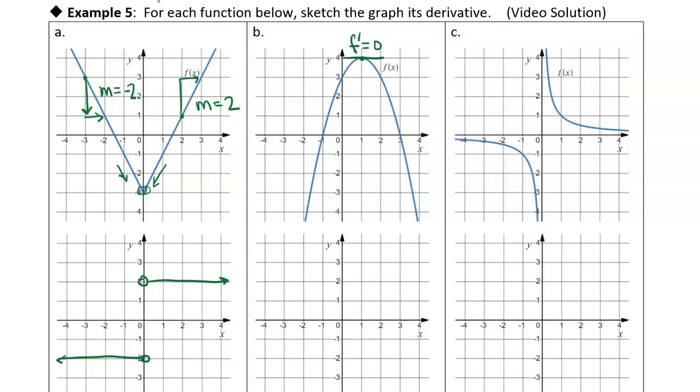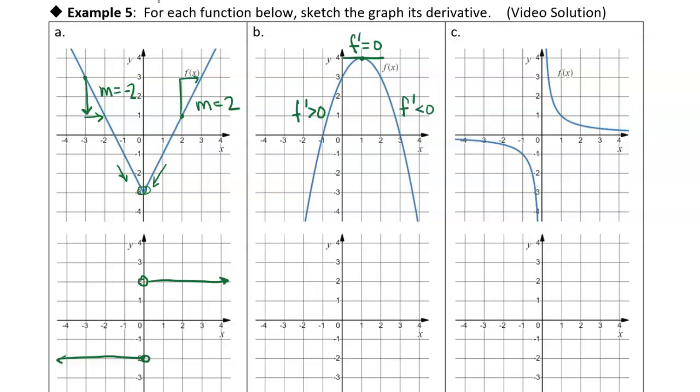On the left side of that point, the function is increasing, so the derivative is greater than 0. On the right-hand side, the function is decreasing, so the derivative is less than 0, because decreasing means a negative slope and increasing means a positive slope.